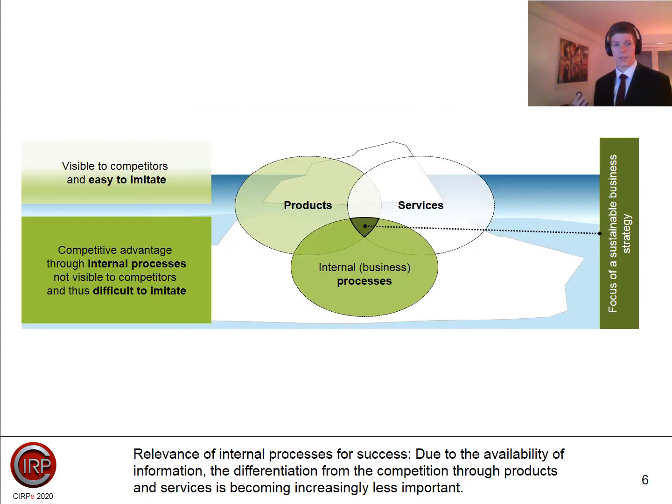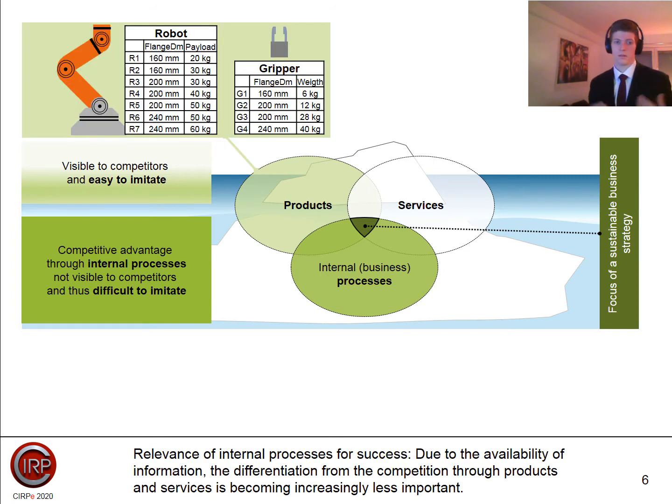Why is it generally needed to take a look at the process-driven approach? For a company, three parts are essential: the product, the service, and the internal processes. Products are freely available, or information about the product is on the internet. They're comparable, and through re-engineering, you can't differentiate your company from the competition in the long run.